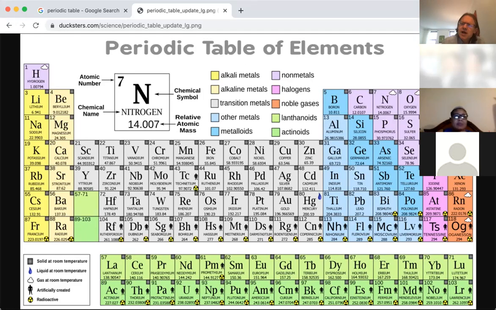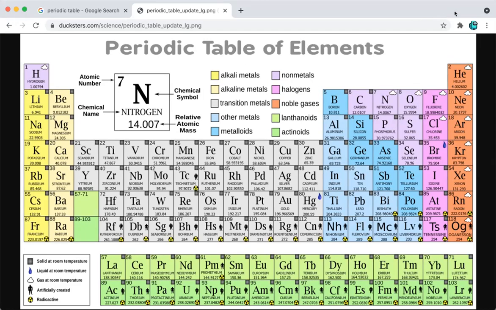Okay, so if you look at the top left corner of each of those squares, it's got a number. The one that starts at the top on the left side is hydrogen, and that number we're looking at is at the top left corner. So it's a 1, right? You see for hydrogen it says 1.